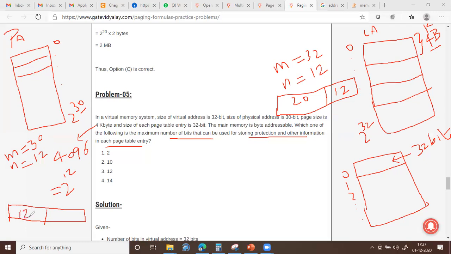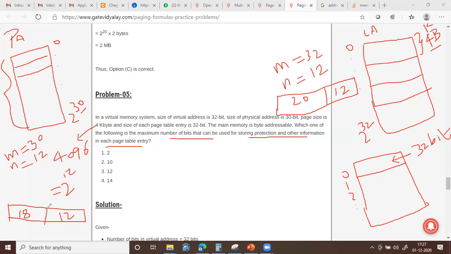So all locations of the physical memory can be accessed with 18 bits, and for the offset we need 12 bits.